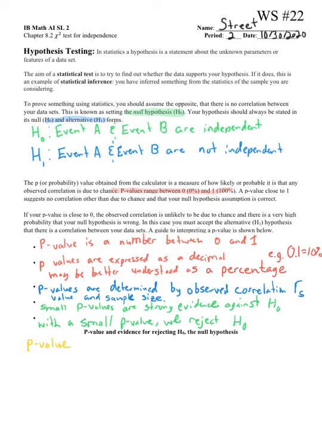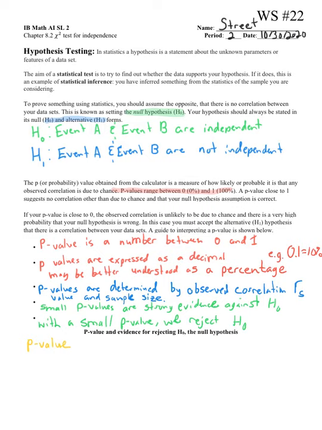So this is typically how it's going to work. For IB class, we're going to look at what's called statistical significance, and that's referring to p-values. Statistical significance is always given as a percentage. So statistical significance at 1%, at 5%, at 10%, or basically when a p-value is 0.01, 0.05, or 0.10.